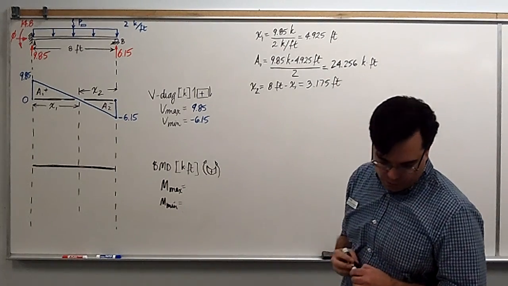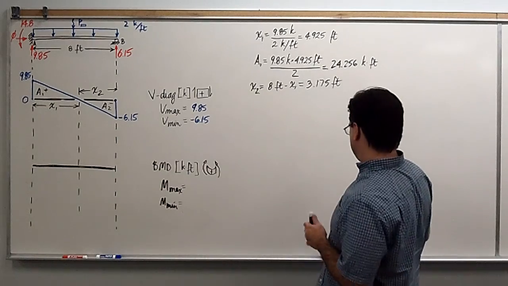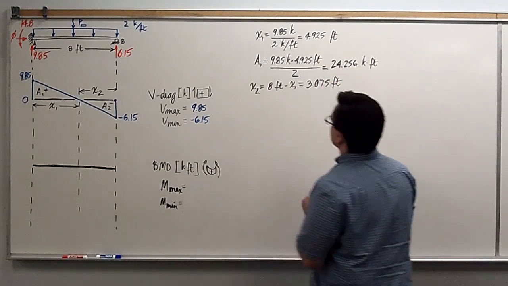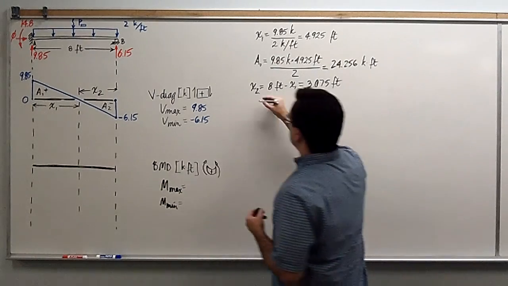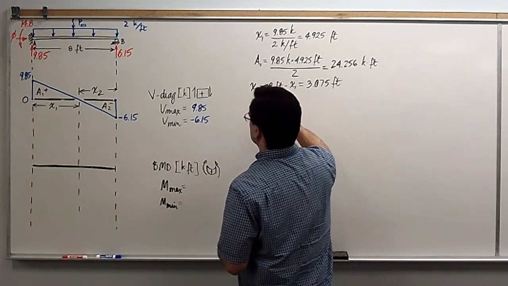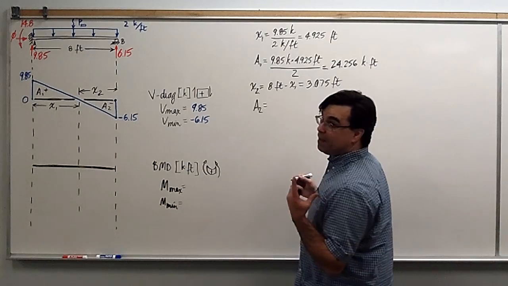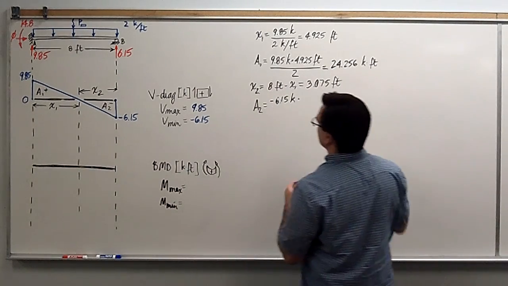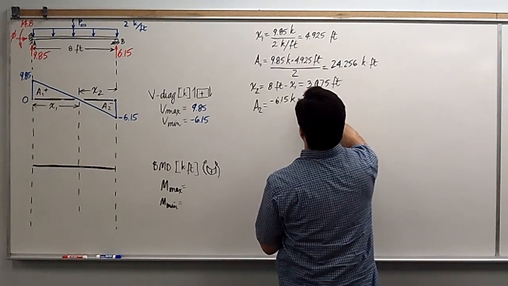Oh, so close, not quite. 3.075. Area 2 is minus 6.15 kips times that distance.